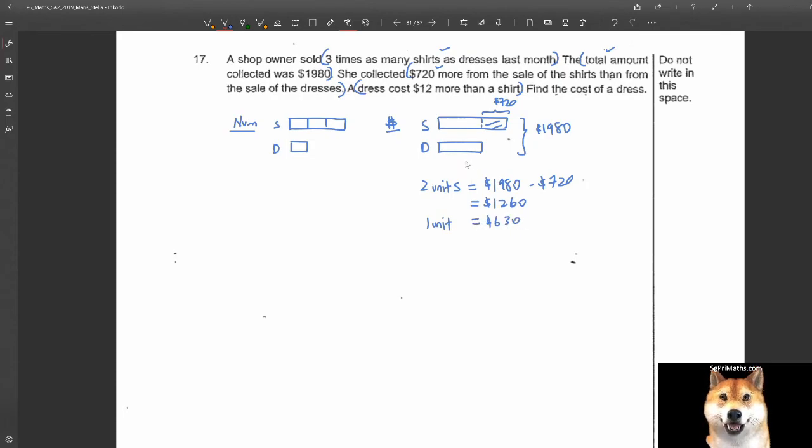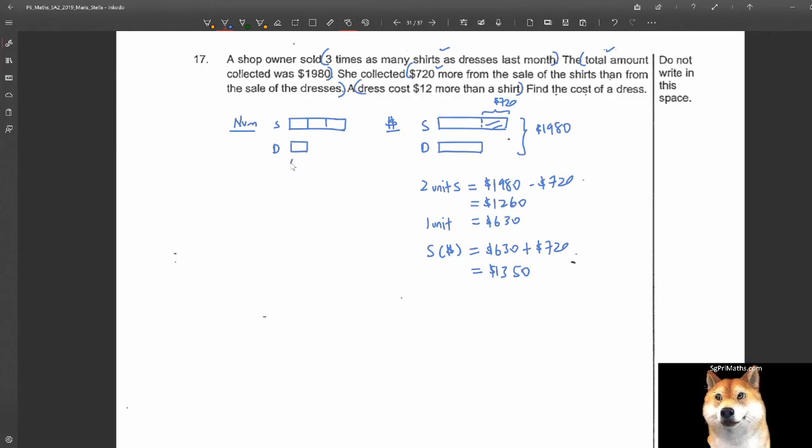This is the dress. Then for the shirt, which is 1 unit plus the 720, this will give us $1,350. Okay, then we use this information, we go back to the first model that we drew.